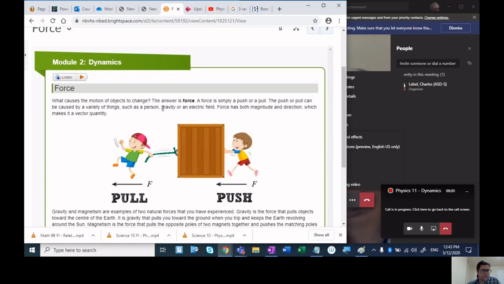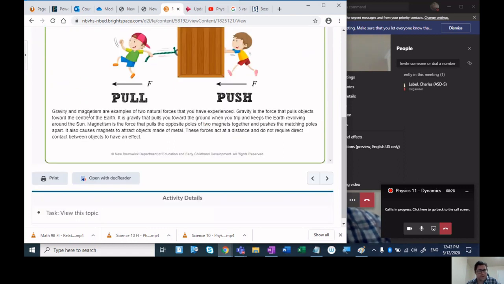Caused by a person, gravity, electrical field, like magnets. The force is a vector. It has a magnitude, so an amount, and also a direction, because you can pull that way or that way or that way. Which is a vector, yeah. Gravity and magnetism are two natural forces.